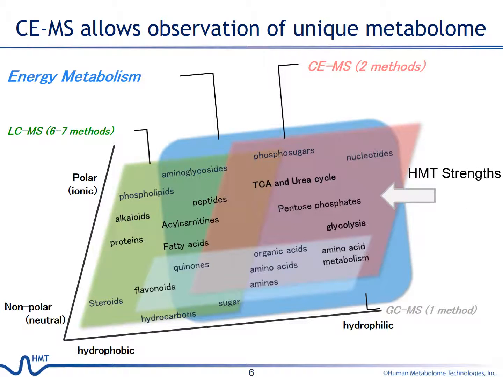In particular, CEMS is capable of detecting the majority of the metabolites involved in cellular metabolism, in particular the TCA cycle intermediates, phosphosugars of glycolysis, and the pentose phosphates, which are involved in aerobic glycolysis, commonly upregulated in cancer cells. In addition, though LCMS has methods for detecting nucleotides, these compounds are particularly suited for analysis by CE.